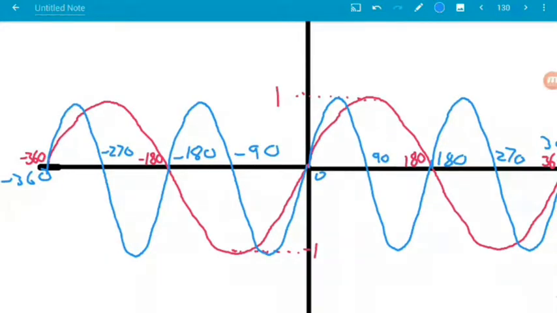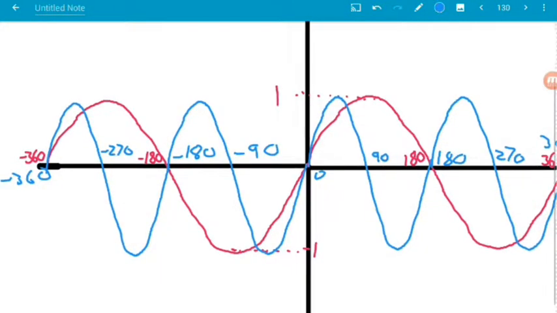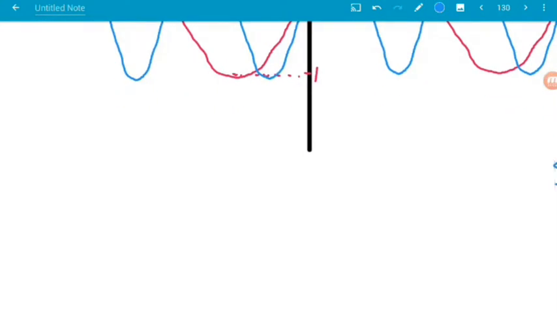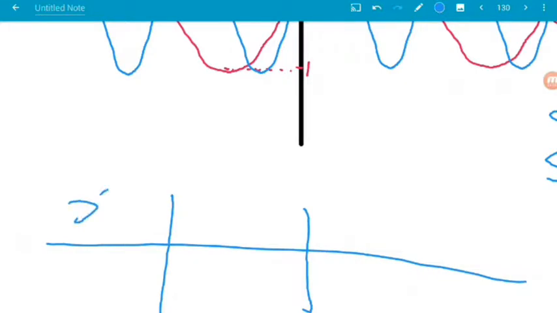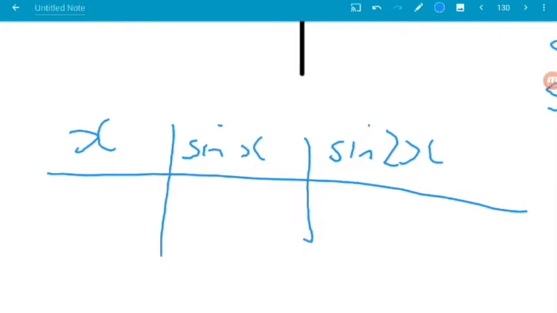So let's have a little think about why this happens. If we draw a table, we've got our x value in here, sine of x value in here, and sine of 2x value in here. So when x is 90, sine of x is 1.